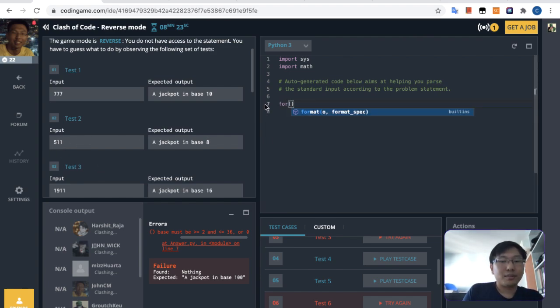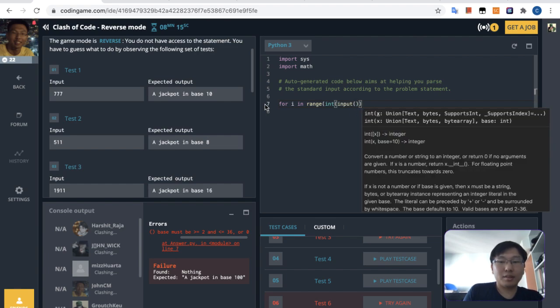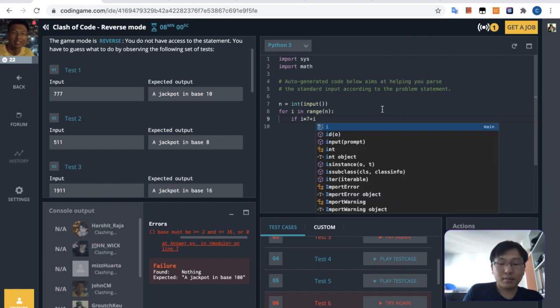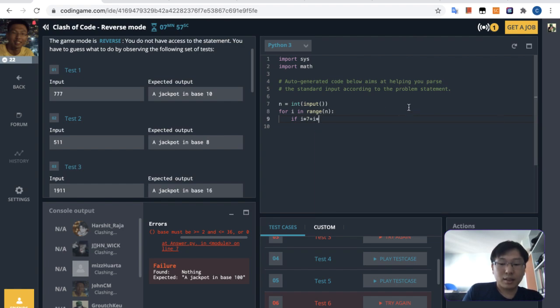For i in range n, okay, maybe we call it inputs. Okay, maybe let's put n equals input first so that we have n. For i in range n, if i times 7 plus i squared times 7 plus i cubed times 7 is the same as n, then break.